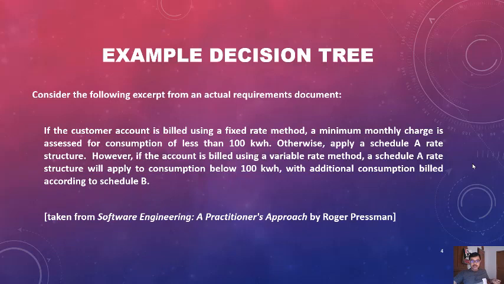However, if the account is billed using a variable rate method, which is another type of method, a schedule A rate structure will apply to consumption below 100 kilowatt, and if the consumption is greater than 100 kilowatt, then an additional schedule B process is applied. Okay, so this was the problem.